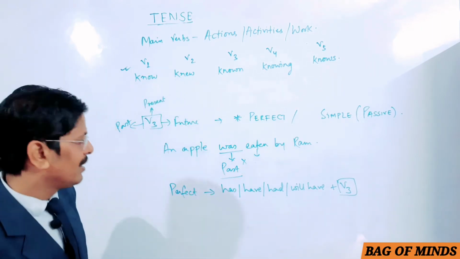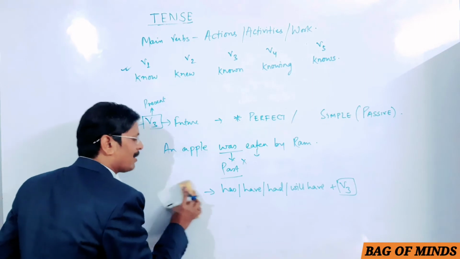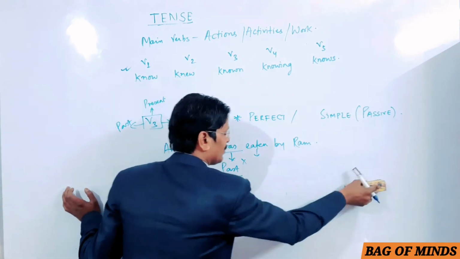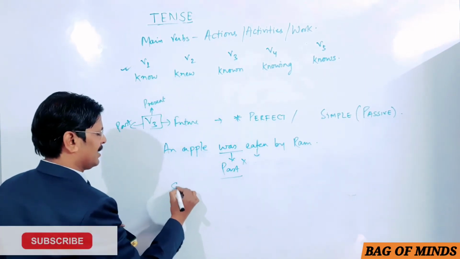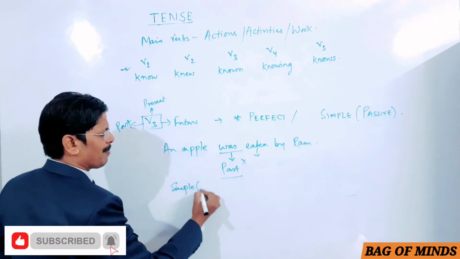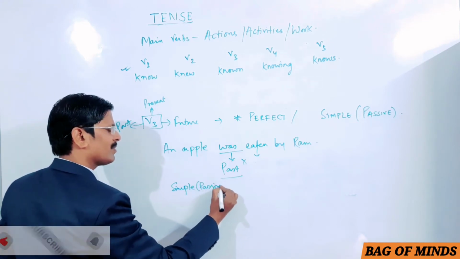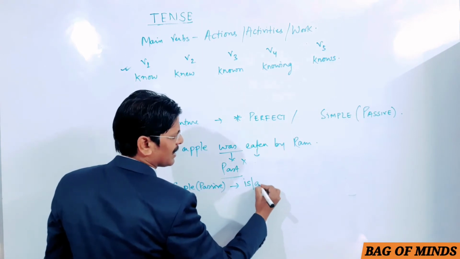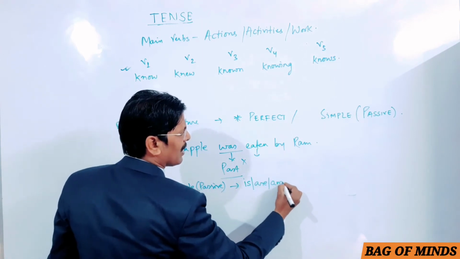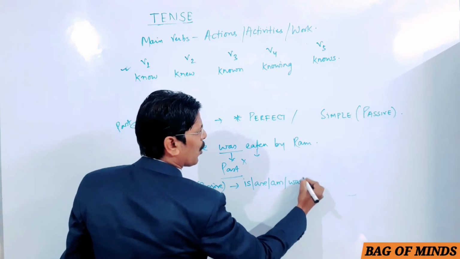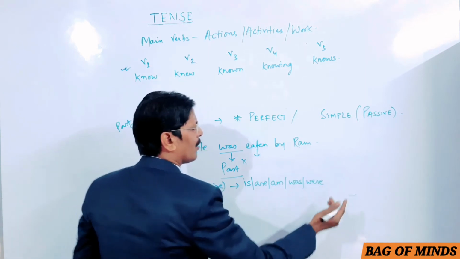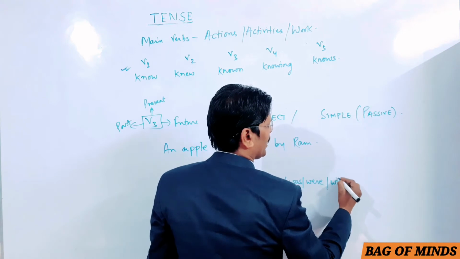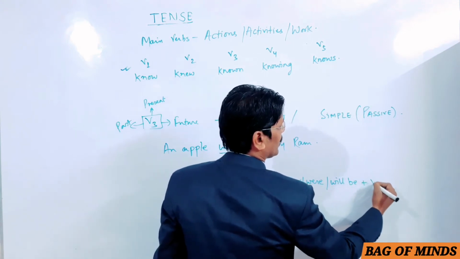Have a look here. And if you talk about simple passive form, here, simple passive form. So here, either it will be is, are, am, was, were, will be plus V3.